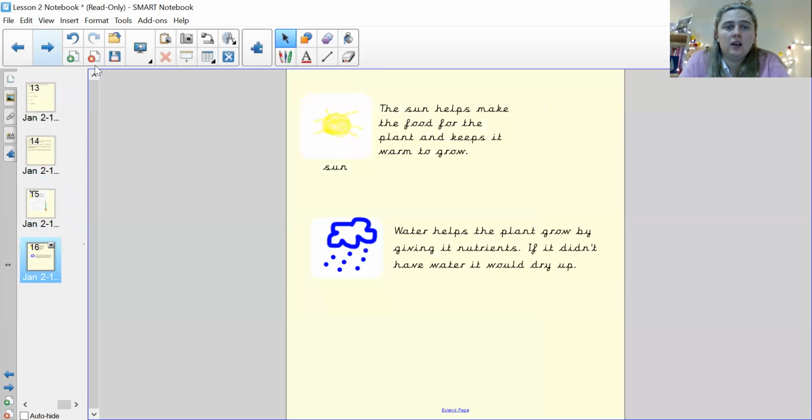Well done. You could also do the challenge and explain why they need those things. So here's water, they need water, and it says water helps the plant to grow by giving it nutrients. If it didn't have water, it would dry up.